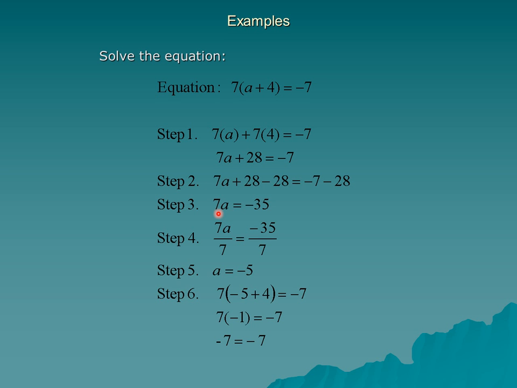You divide everything by 7, both left and right side. Then you will end up with A equals -5. So you can apply the -5 to the original equation. Left and right side will be equal.